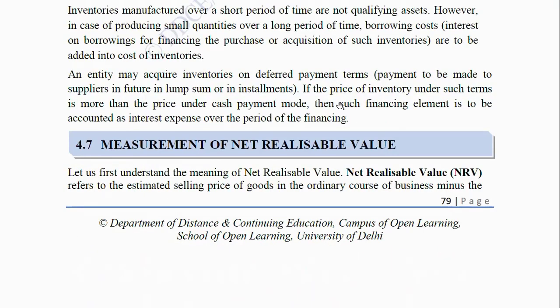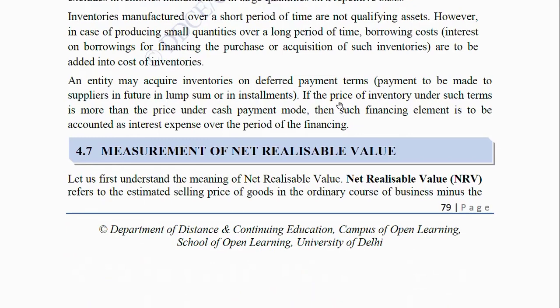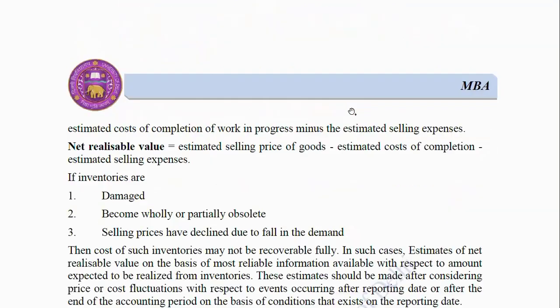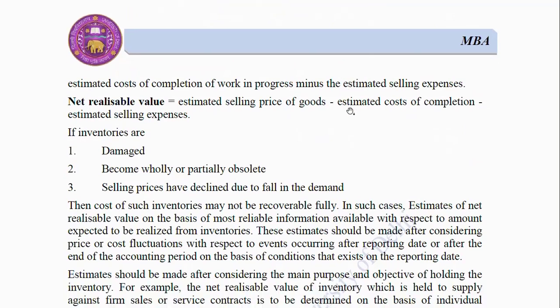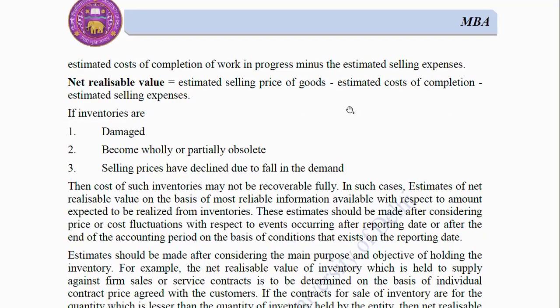4.7 Measurement of net realizable value. Let us first understand the meaning of net realizable value. Net realizable value (NRV) refers to the estimated selling price of goods in the ordinary course of business minus the estimated cost of completion of work in progress minus estimated selling expenses.